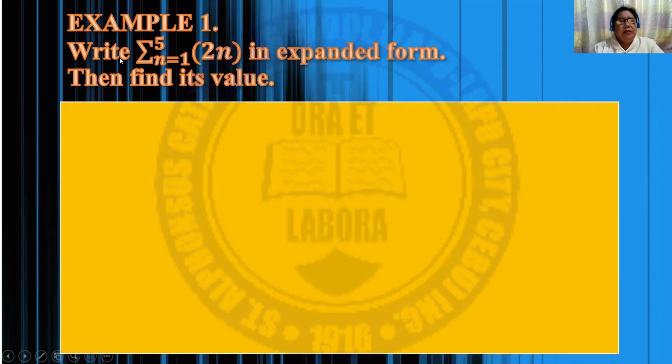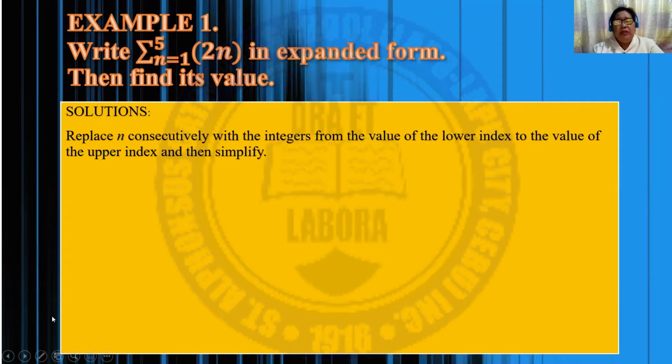For example, write this summation, which is the summation of 2n from n is equal to 1 to n is equal to 5, in expanded form. Then find its value. For the solutions, all you have to do is replace n consecutively with the integers from the value of the lower index to the value of the upper index and then simplify.